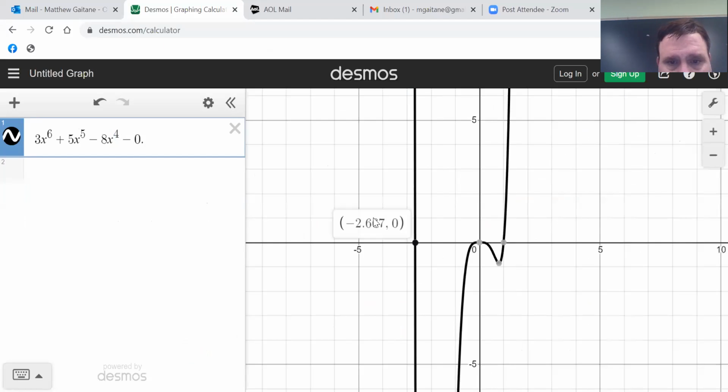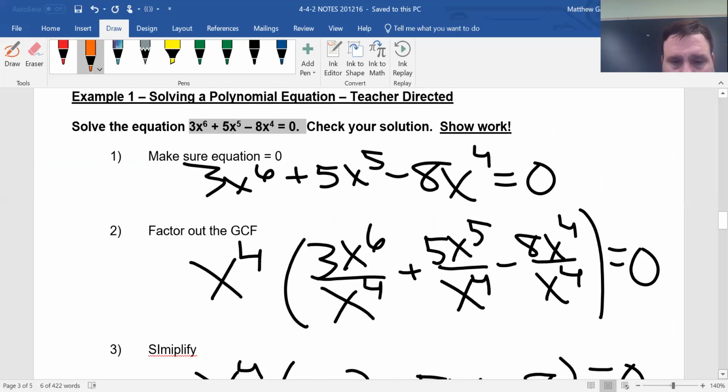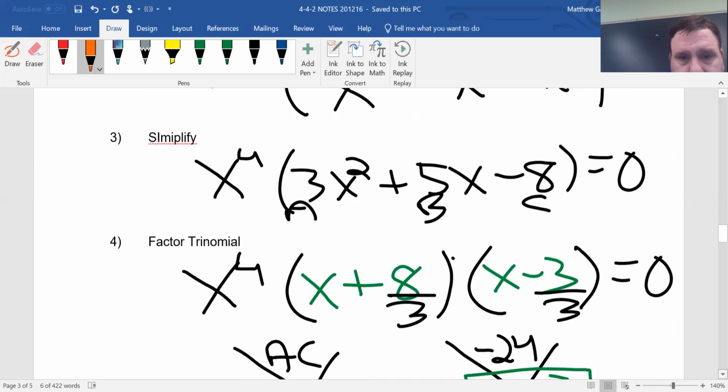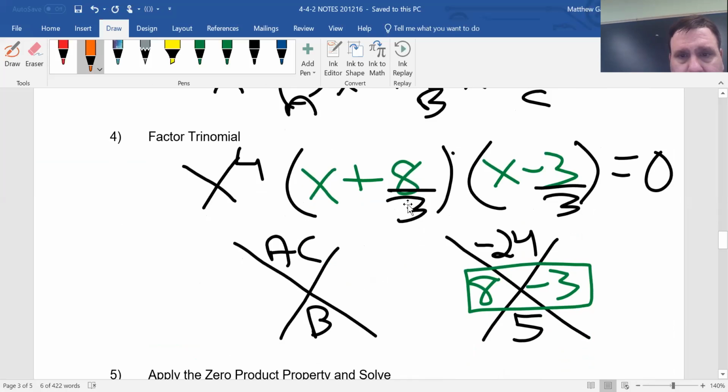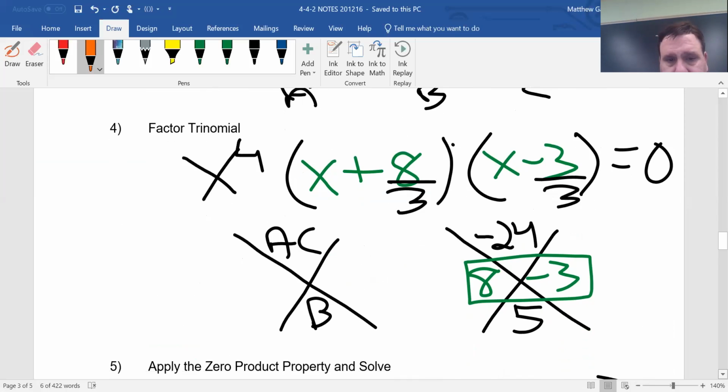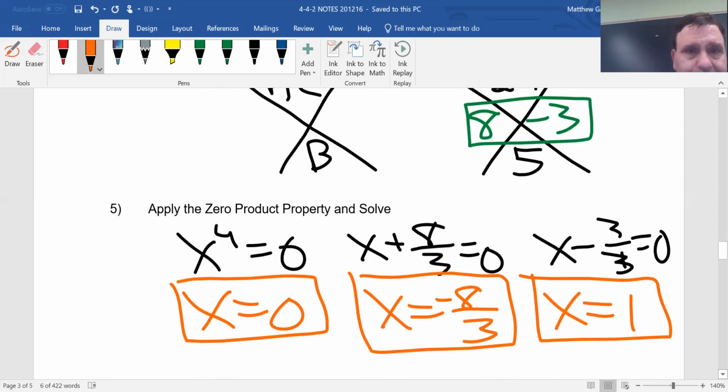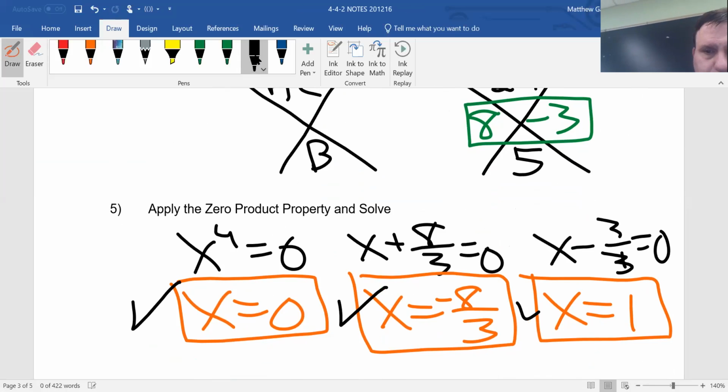That's your negative 8/3, negative 2.6 repeating, 0 and 1. Everything checks out. The big thing, guys, is after you factor, go back. Yesterday I didn't emphasize dividing by 1 because A was 1, but this time you're dividing by A. So these all check out.